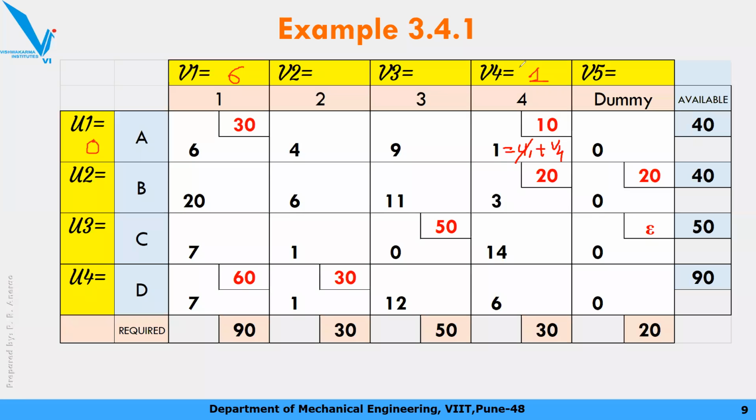Similarly proceed like this, follow the same steps, 3 allocated cell is 3, so 3 equal to 1 plus u2, so u2 becomes 3 minus 1, that is 2.